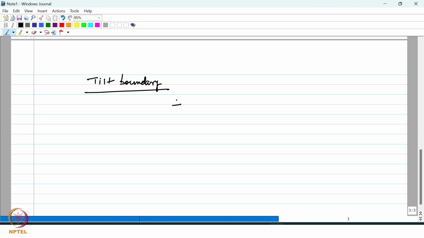So if there are a number of dislocations, they can get arranged like this in an array and form a tilt boundary. And this way, the number of dislocations in the lattice, in the grains, will reduce. Okay. Another way by which the dislocations can get rearranged into such a low energy configuration is by what is known as polygonization.